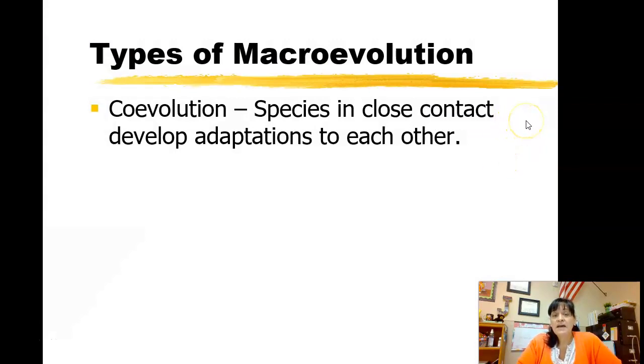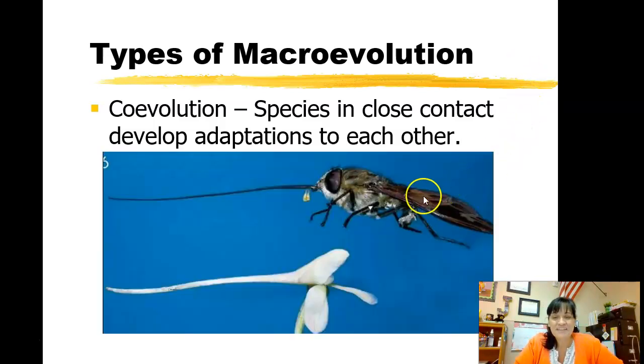And then macroevolution, another one is coevolution. This one I think is amazing. So we have species in close contact with each other, and they develop adaptations similar to each other. So check out this picture. Look at this projectile on the insect. Then we've got the flower that's shaped the exact same way, right? Over millions of years, these organisms have co-evolved to help each other, right?